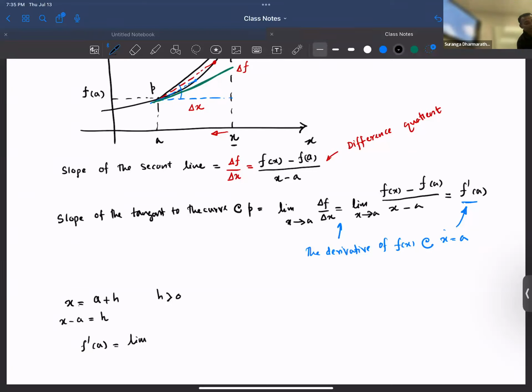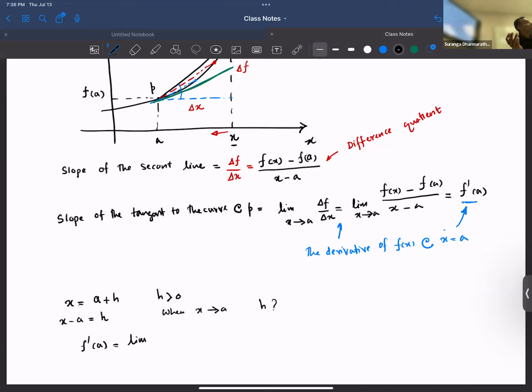the limit. Now when x goes to a, what happens to h? What would happen to h? Where would it go? Look at the equation. x minus a is equal to h. Now, when x goes to a, what would happen to x minus a?